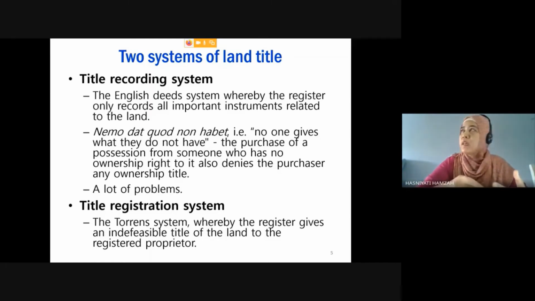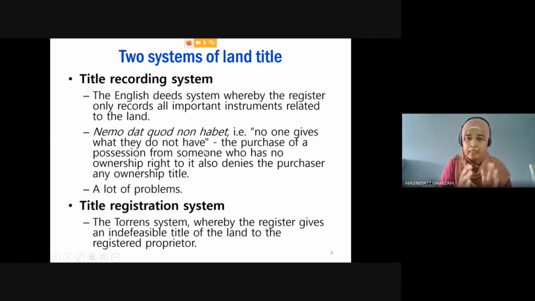If there's what else? Charge, mortgage, same thing, charge mortgage. What else? A lease, the lease instrument itself is recorded in the registry. And importantly, no one gives what they do not have.